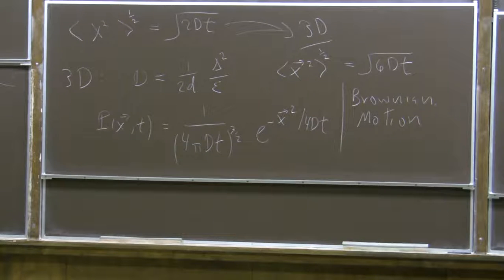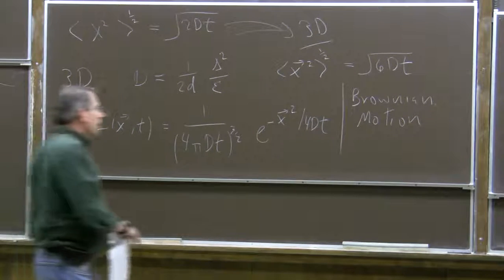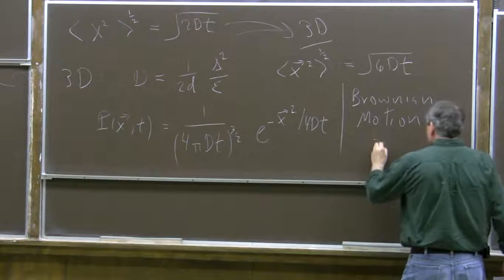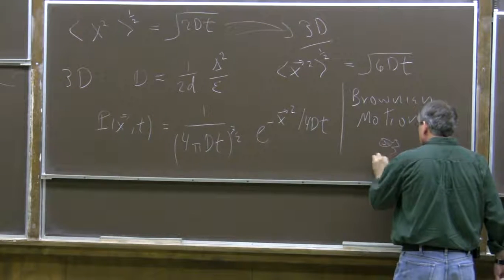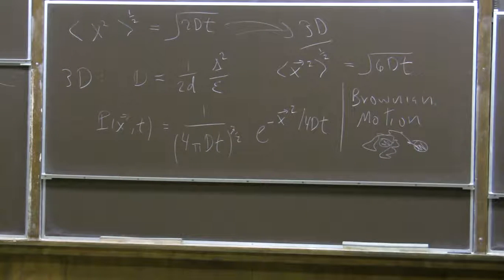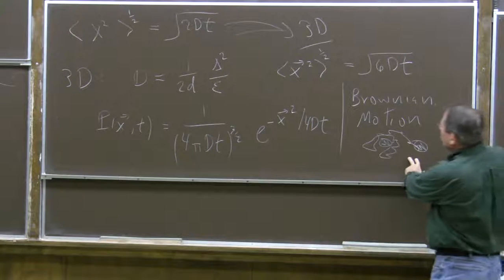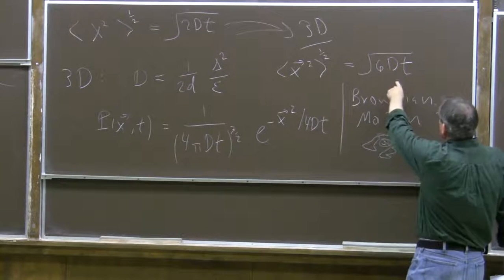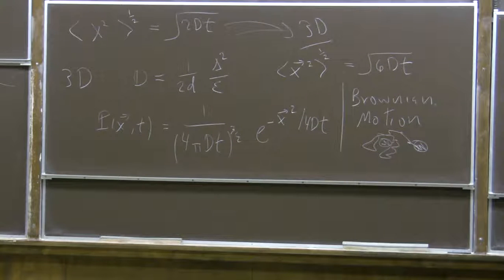The pollen grain is about a micron in size, and he noticed that it dances around and makes kind of a crazy walk. And if you wait a minute or so, it'll typically move about 6 microns, about 6 times its radius. And I'm not sure whether Brown observed, but others had, or Einstein, that the distance traveled goes like the square root of the time.